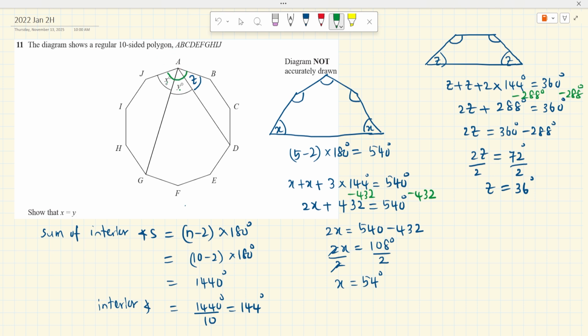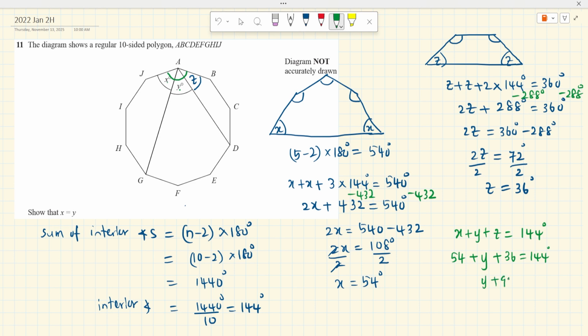Now if you consider x, y and z, that becomes the interior angle of the 10-sided polygon. Then you know the interior angle of a 10-sided polygon is 144. Then I can write x plus y plus z equals 144. X you know, that is 54. Y we don't know. Z is 36. 54 plus 36, that is 90.